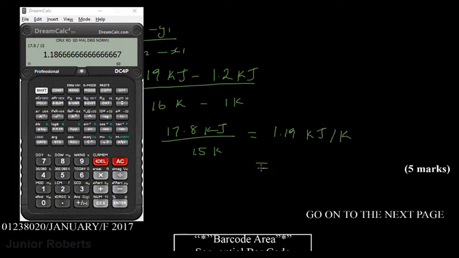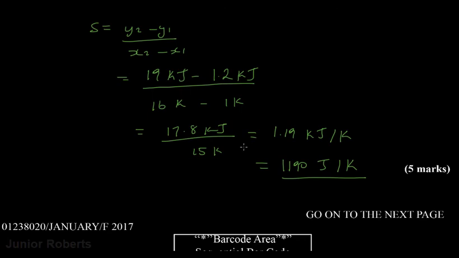Or we can simply write it as 1190 joule per Kelvin, because remember this is kilojoules, so we just multiply this by 1000 and get 1190 joule per Kelvin as our answer, as the value for our gradient.